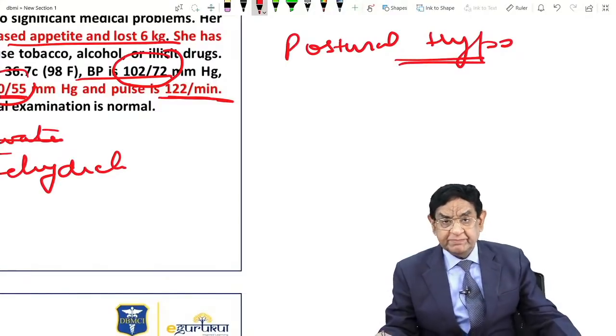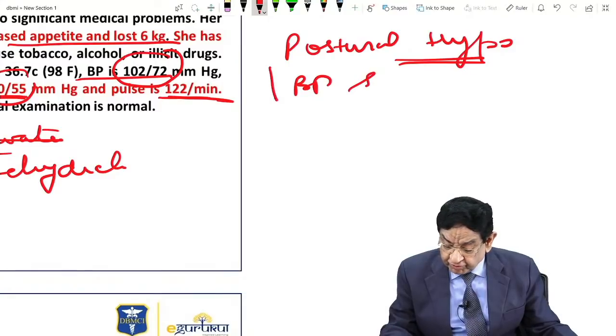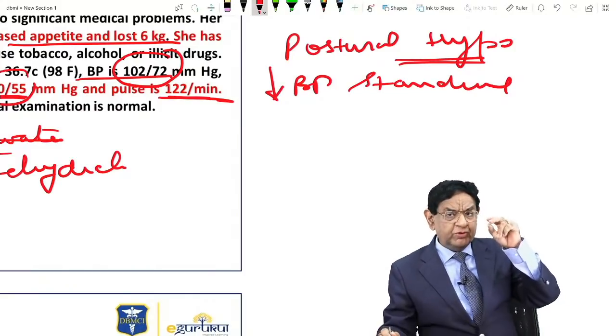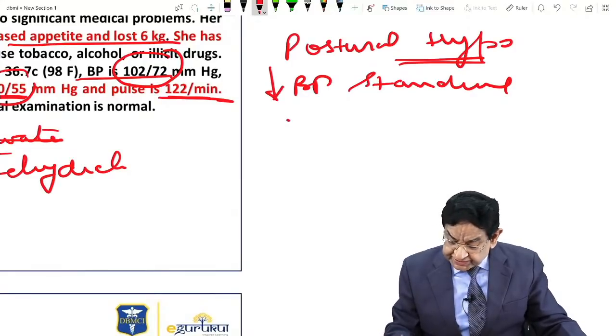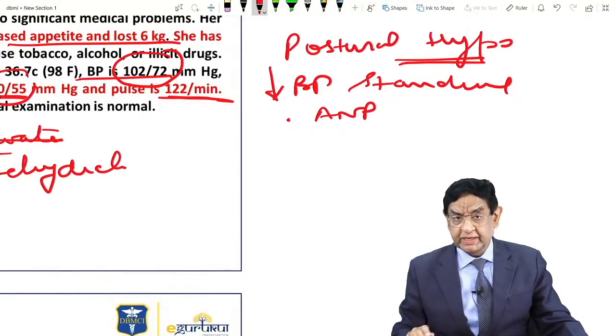Postural hypotension means BP falls on standing. And there are two very, very important causes of this. One is anything where there is autonomic neuropathy, that can lead to postural hypotension.